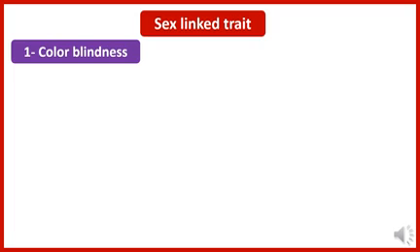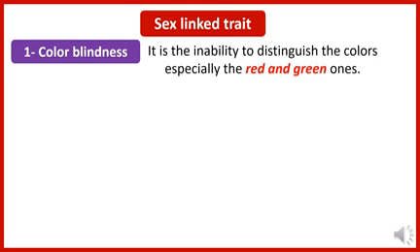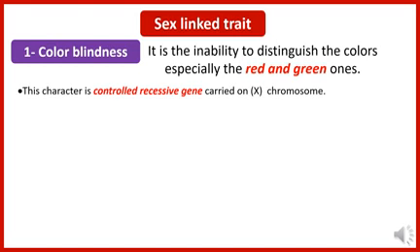Let's now talk about the first example of sex-linked traits in humans, which is color blindness. As we said before, it's the inability to distinguish colors, especially the red and the green ones. We cannot differentiate between them. This trait is controlled by a recessive gene that is carried on the X chromosome only.